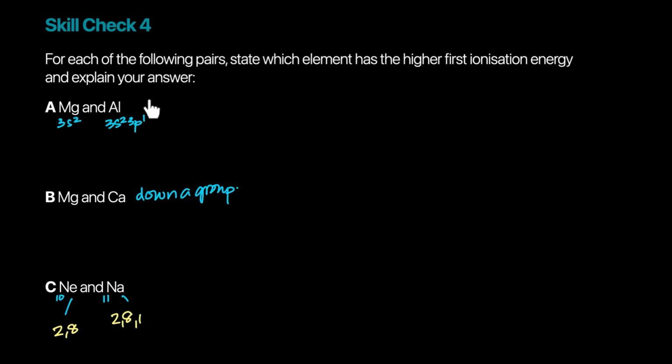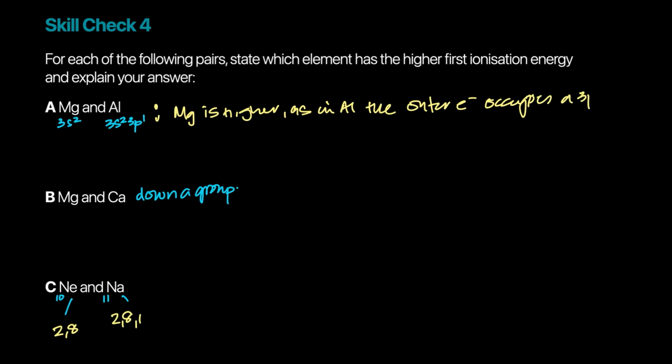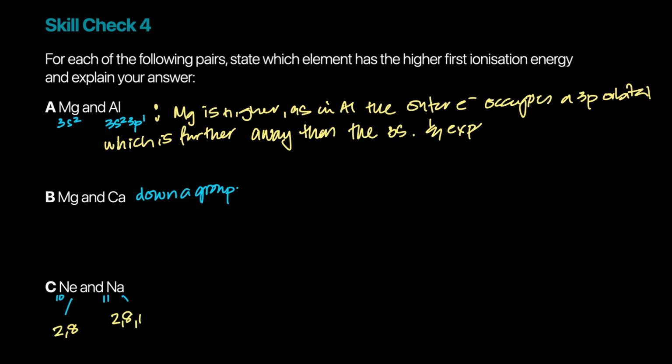So let's talk about the first one, magnesium and aluminum. Which has the higher one? You can say magnesium's is higher, as in aluminum the outermost electron occupies a 3p orbital, which is further away than the 3s and experiences additional shielding.